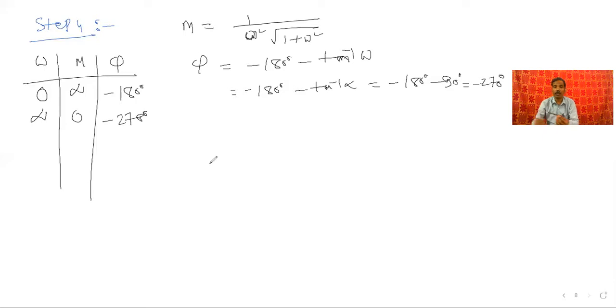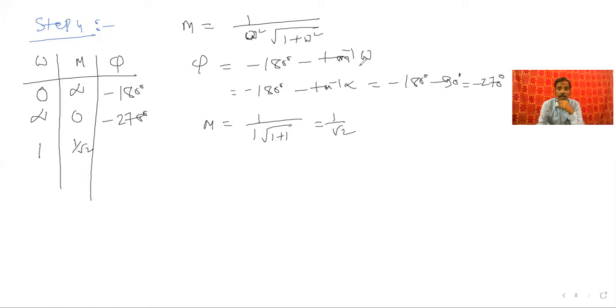Then draw the polar plot. Suppose this is 1, omega equals to 1. So what is the magnitude? 1 by 1 root over 1 plus 1, that is 1 by root 2 equals to 0.707.